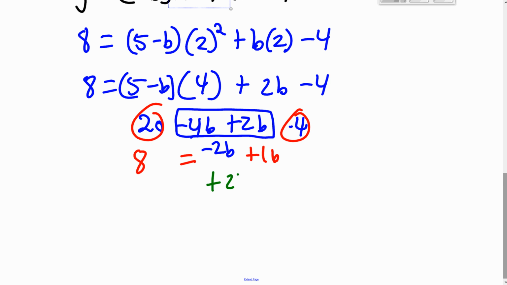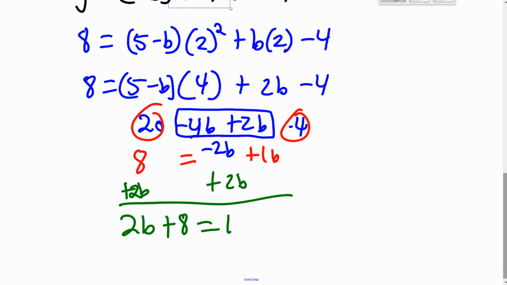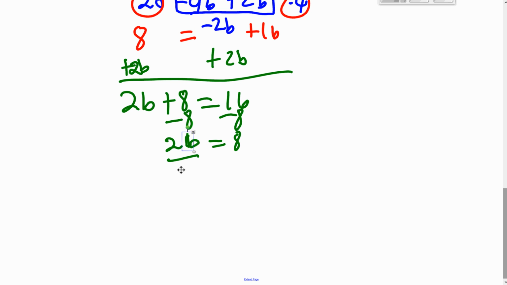I want to get b by itself, so I could add 2b to both sides. So I get 2b plus 8 equals 16. Now I can subtract 8. 2b equals 8, divided by 2. So I get b is equal to 4.